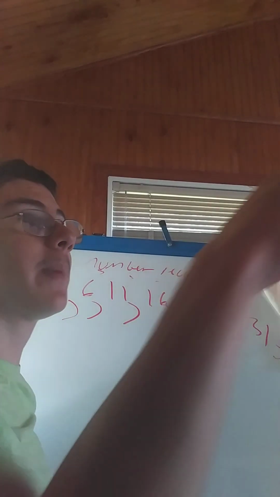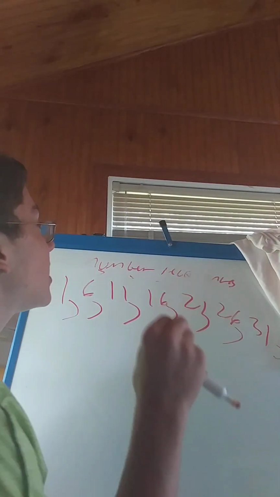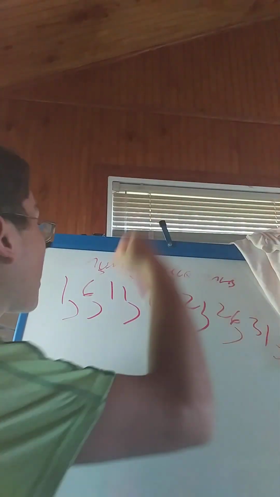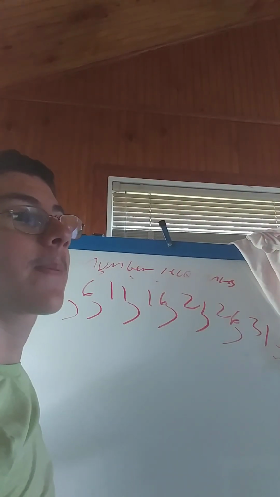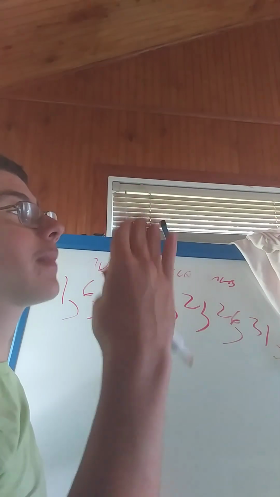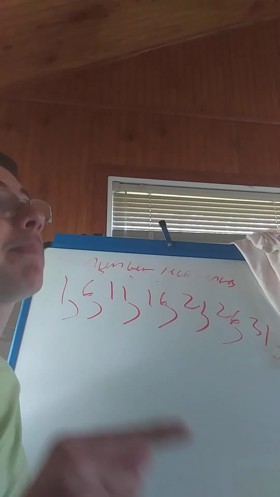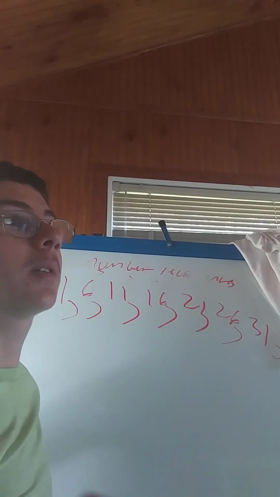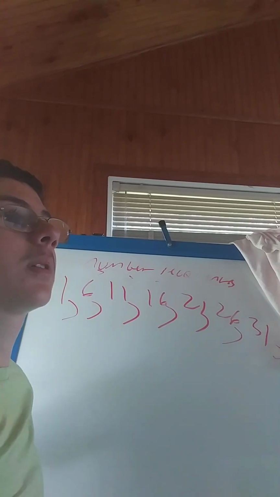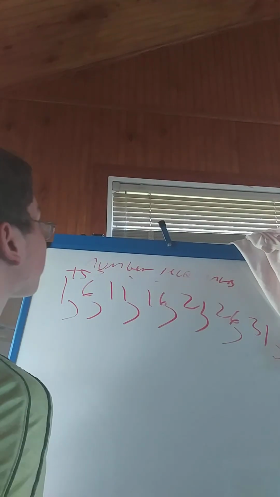Can someone tell me? So count the numbers from 2 all the way up to 6. Beginning at 2. 5. Okay, so that's the pattern.